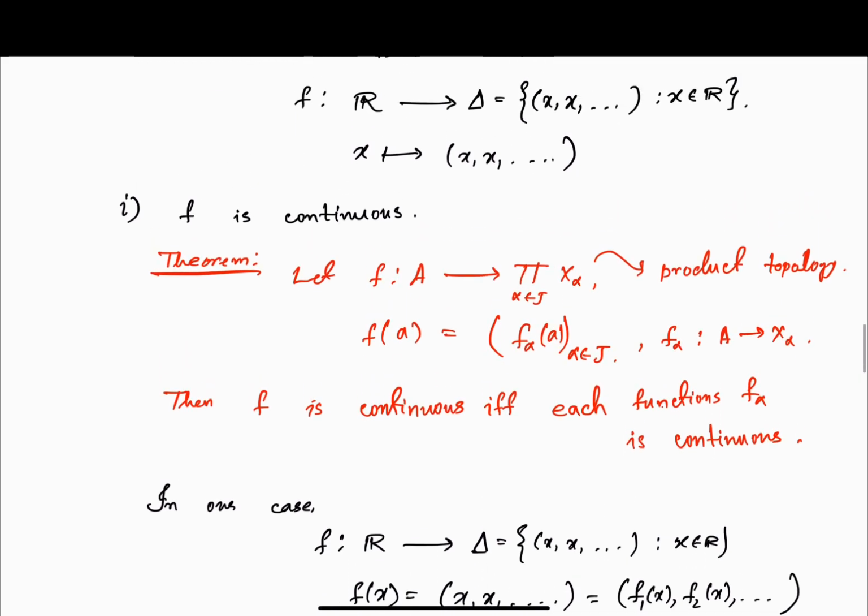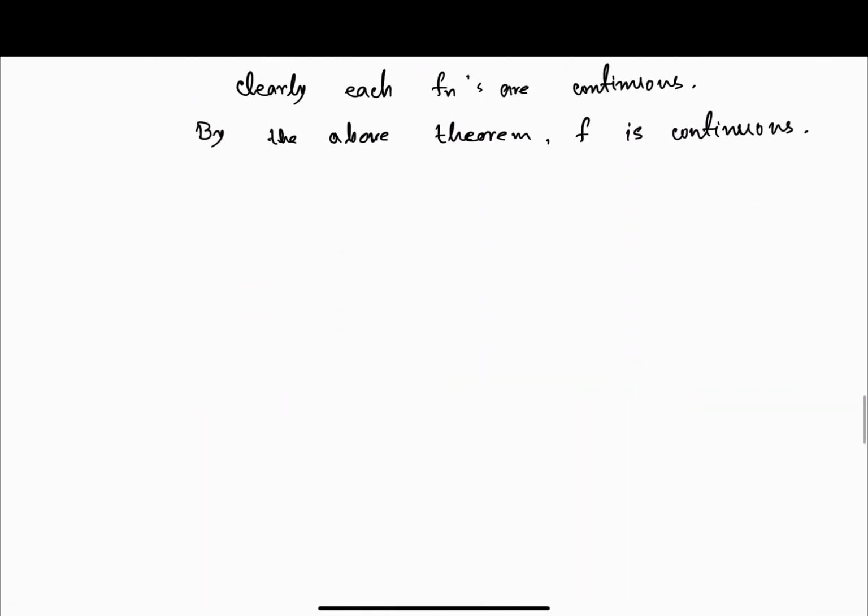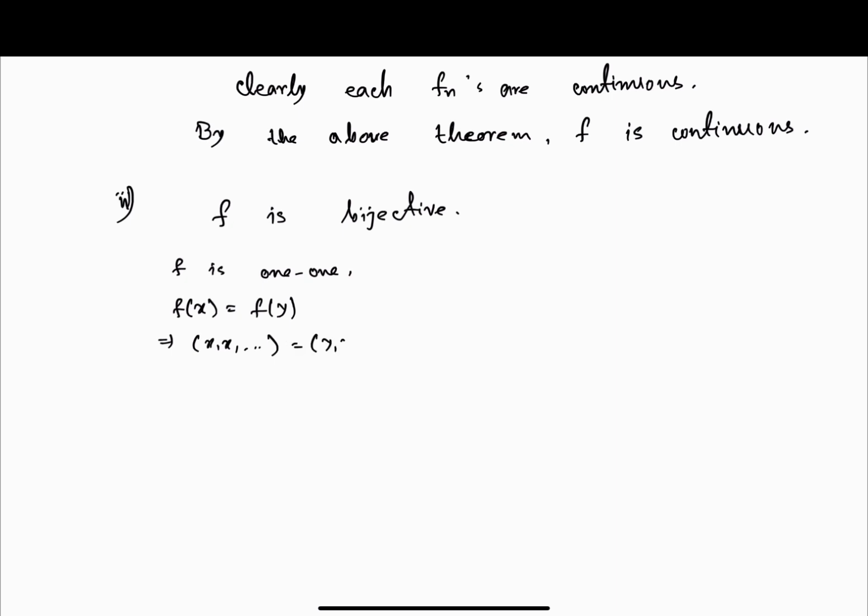Now bijectivity is also fine. f is bijective. Right, because f is one-to-one. Suppose f of x equals f of y. So what will happen then? (x, x, ...) equals (y, y, ...), so each coordinate will be equal, which implies x equals y, right?